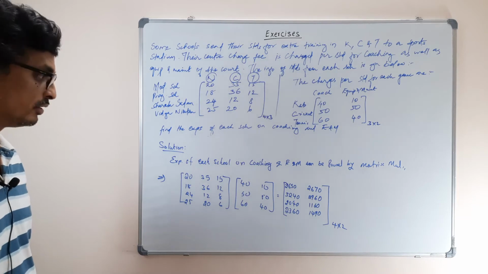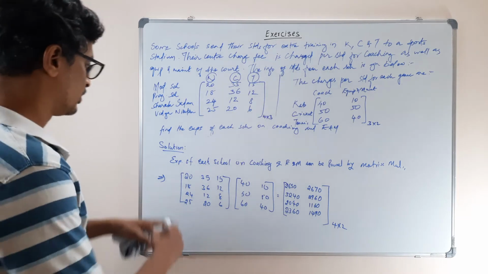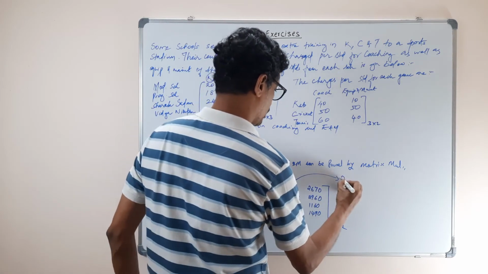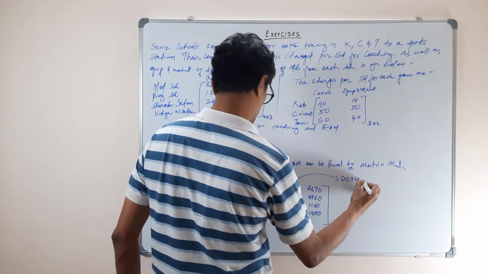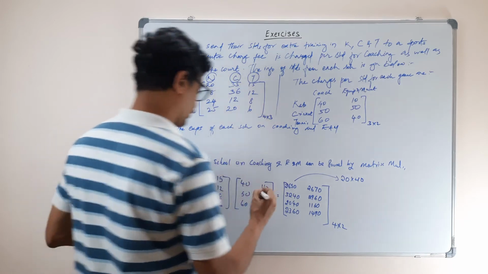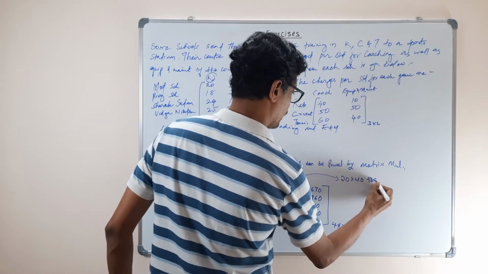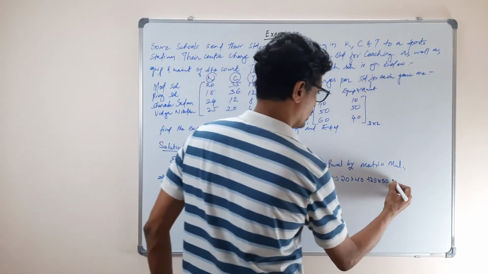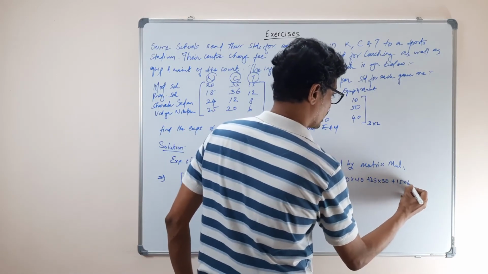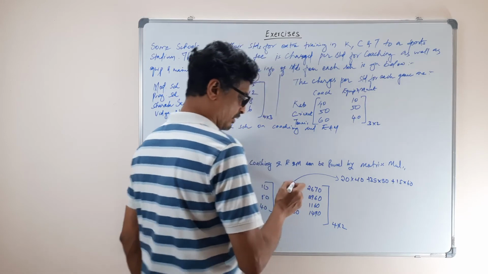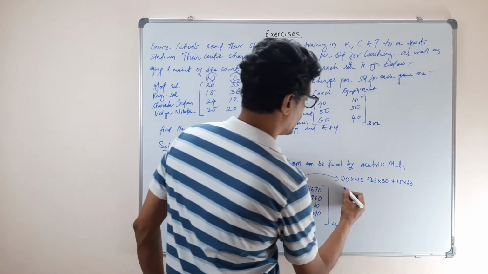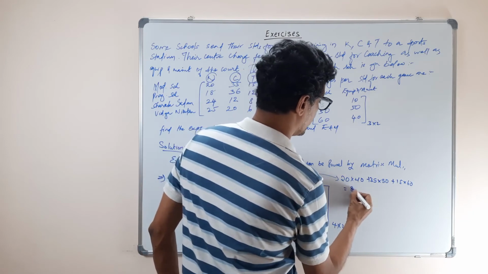Did you answer? Simple, na? 20 into 40. The first row, first column will be 20 into 40 plus 35 into 50 plus 15 into 60. 20 into 40 is 800.